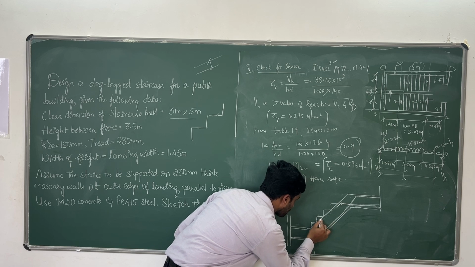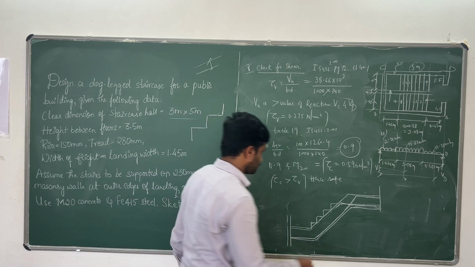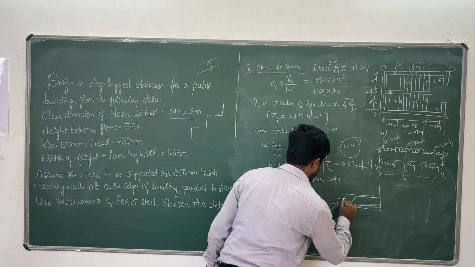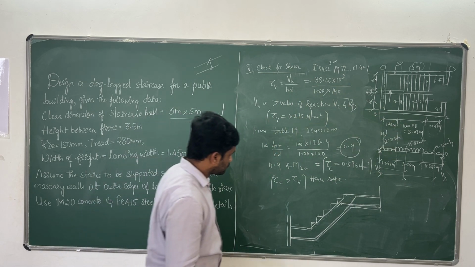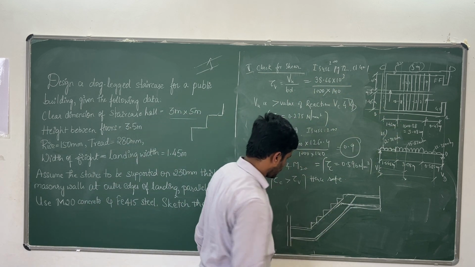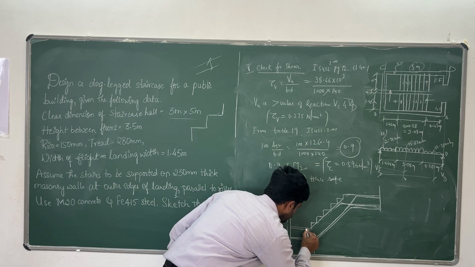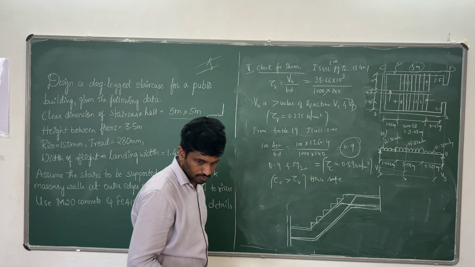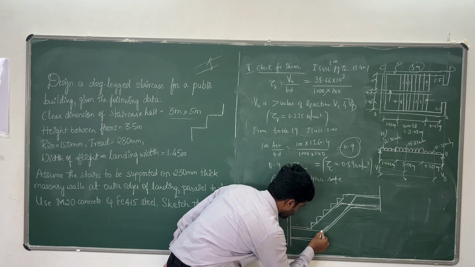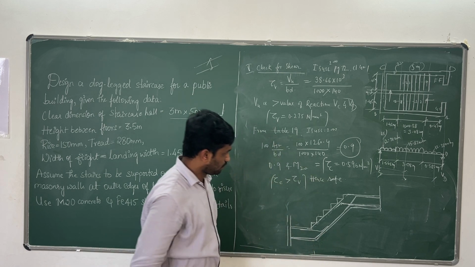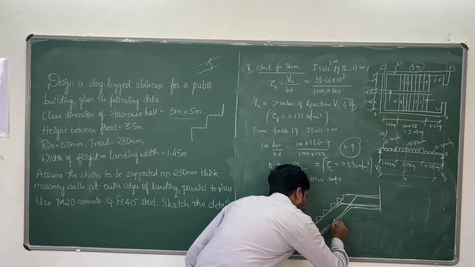Approximation, up to like this. Complete. Next. Now the steels are placed. See distribution bars.